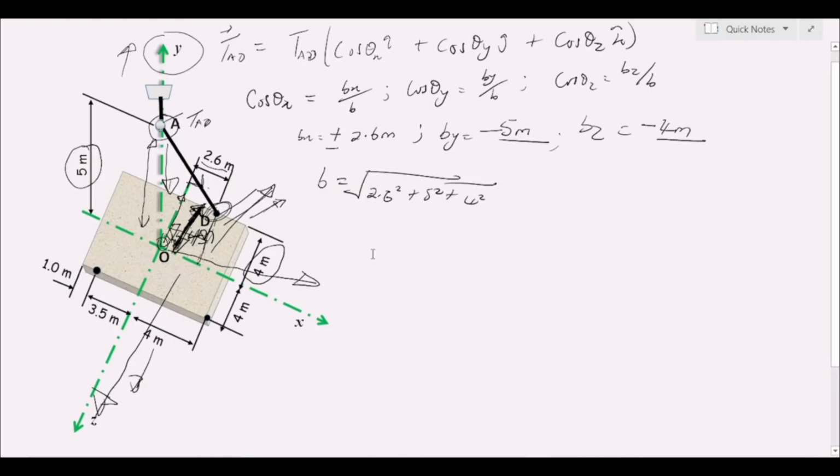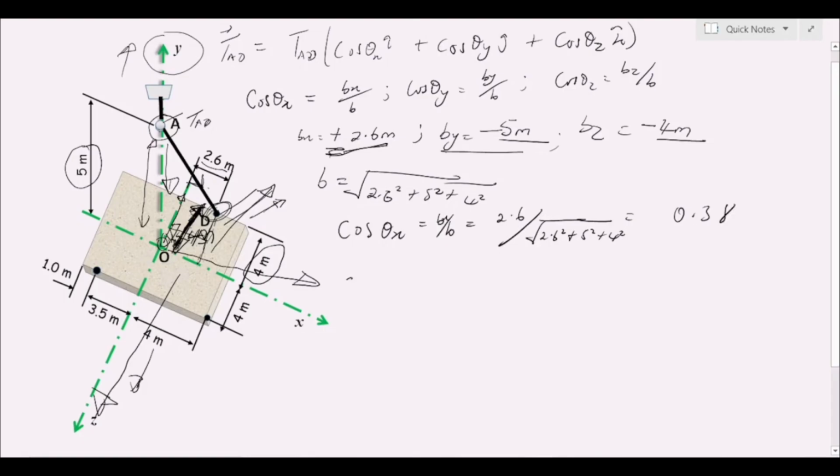Once B has been estimated, it becomes straightforward to determine the value of the direction cosines for the different axes. For this case, cos theta x, as we stated earlier, is BX over B, and BX will be determined to be 2.6 meters. So we have 2.6 divided by the square root of 2.6 square plus 5 square plus 4 square, which will be equal to 0.38 if estimated properly.